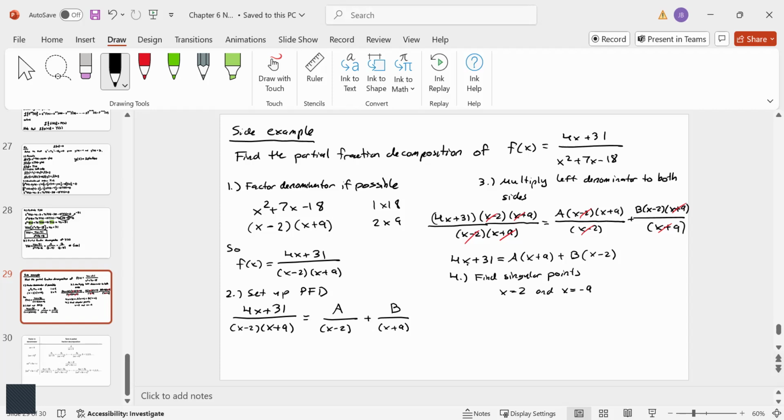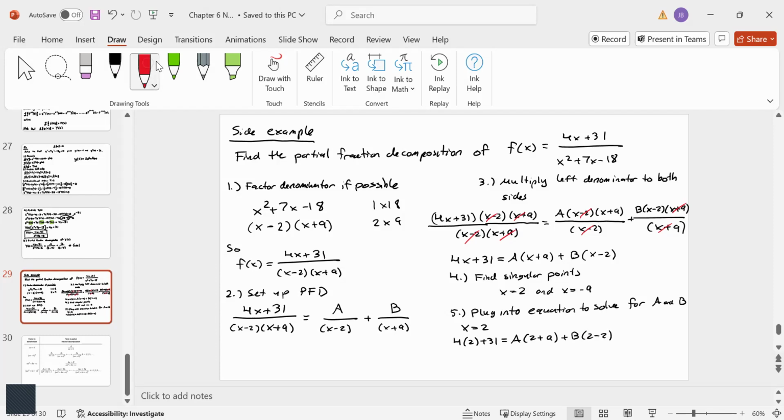Okay. And then step 5 is plug into equation to solve for A and B. So if I plug in x equals 2, I get 4 times 2 plus 31 equals A times (2 plus 9) plus B times (2 minus 2). Well, hey, that just goes away.